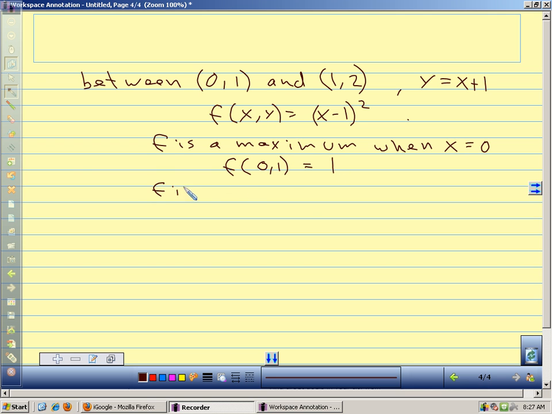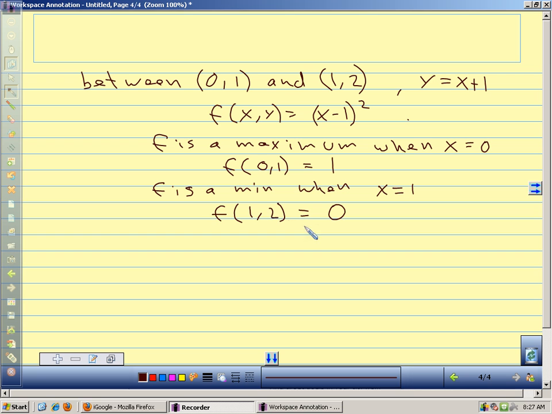And f is a minimum when x equals 1. Substitute that point (1, 2): f of (1, 2) is 0. So there's another minimum.